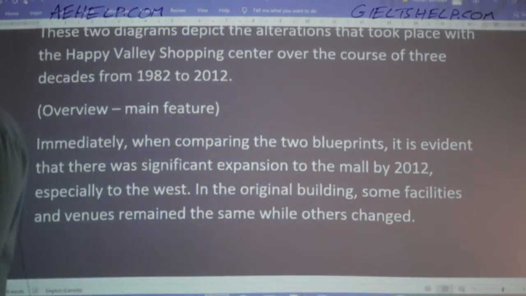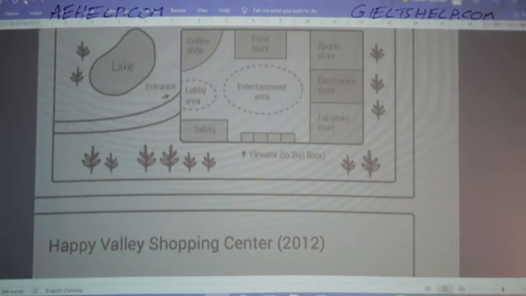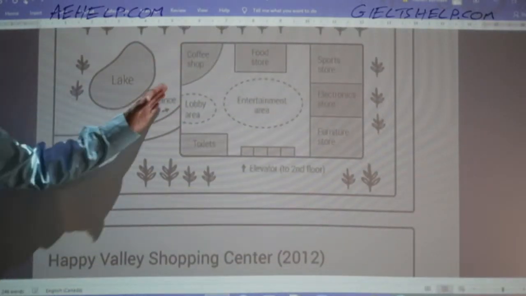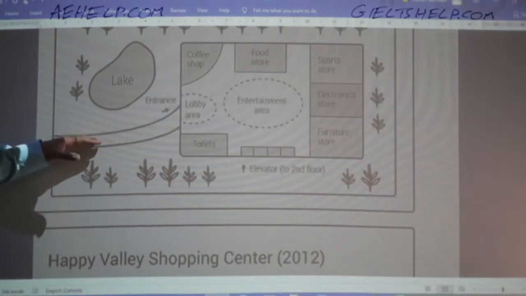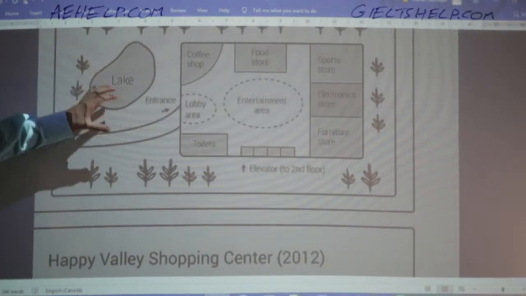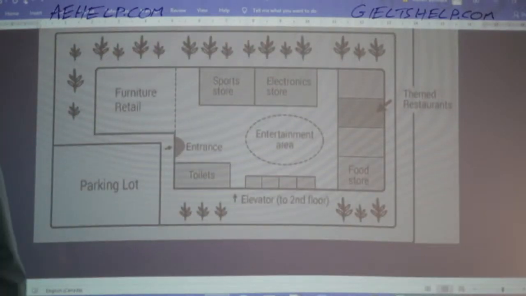Okay, so here what I'm reporting is simply this change in the western part of the building, or the west wing, west side of the building, whereby the lake and this road to the entrance are replaced by the furniture retail store and the massive parking lot.